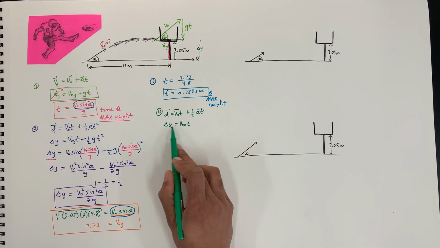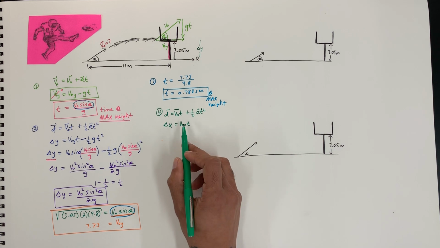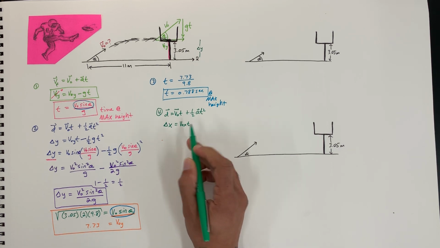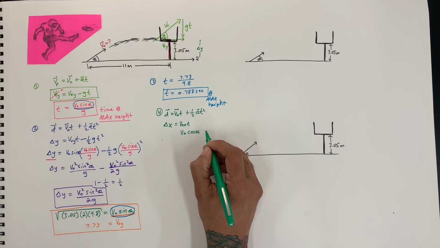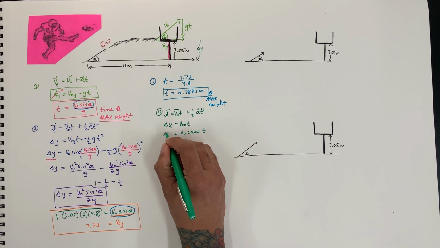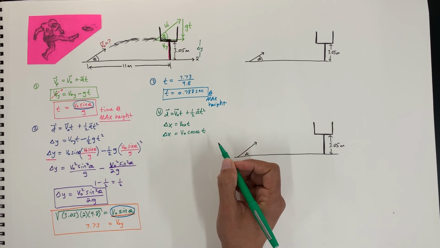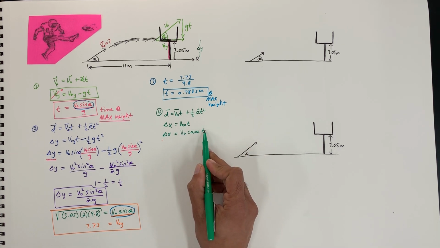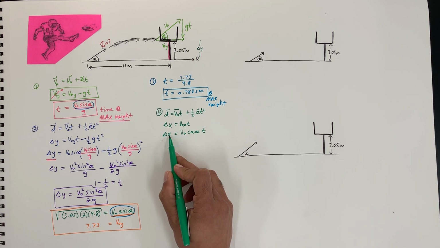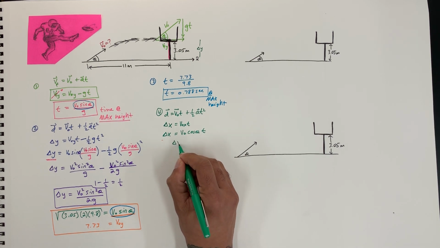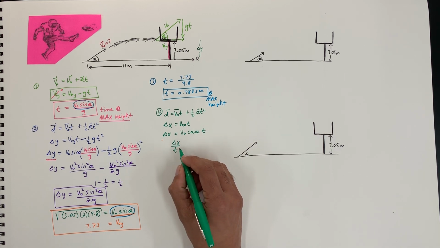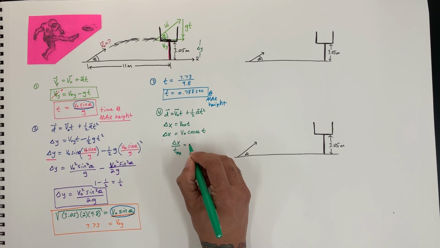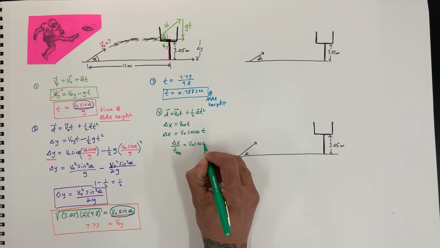We're left with this, and we know that v initial x is the same thing as v initial cosine theta. We bring the t over here by dividing, so we have the change in x divided by t at max height, and we're left with v initial cosine theta.